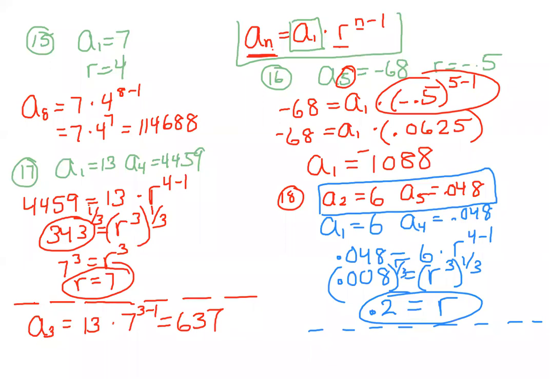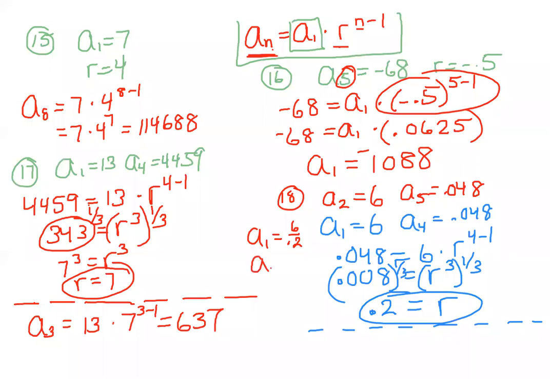So if A2 is 6, A1 is 6 divided by 0.2, which is 30.